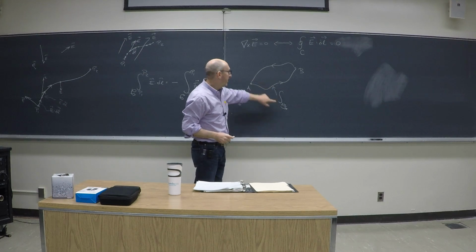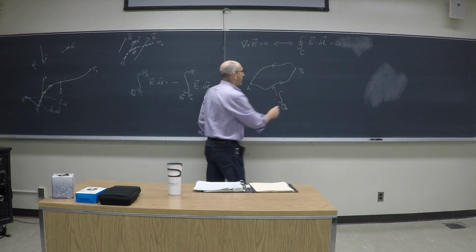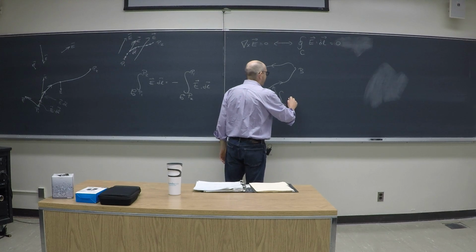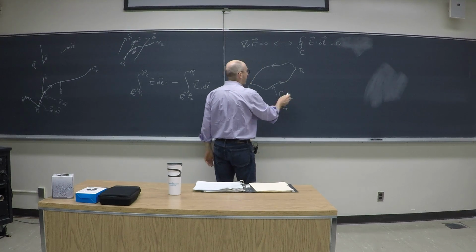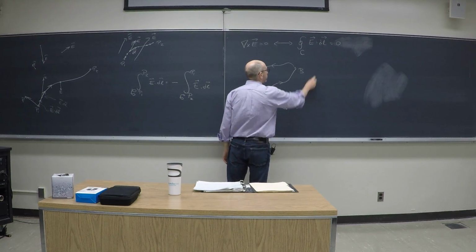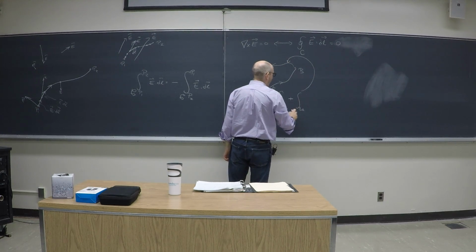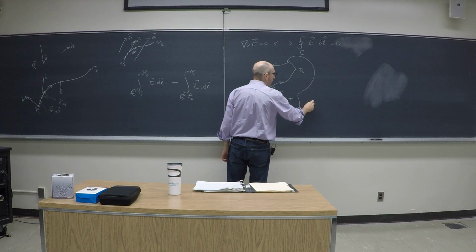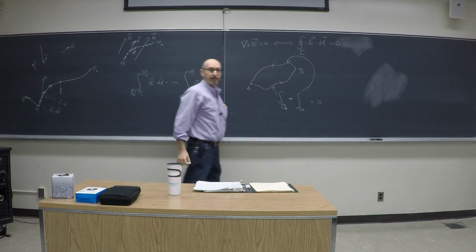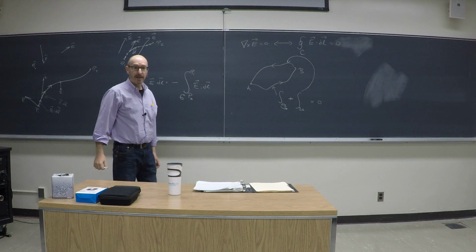So the bottom curve going from A to B plus the integral on the top part from B to A of E dot dl, of course, is equal to 0, right? Correct?